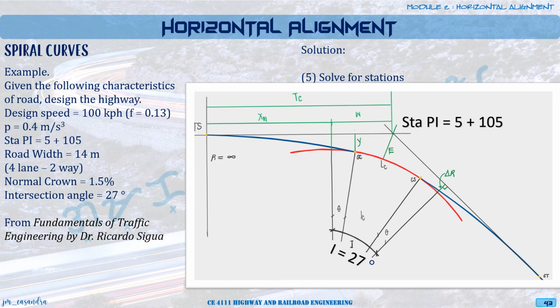For our solution for the stations, the basis will be the station of PI, which is 5 plus 105. So what we will do is solve first for the distance of the point of intersection back to TS. Meaning we have to solve for XM and W so that we can solve for TC.